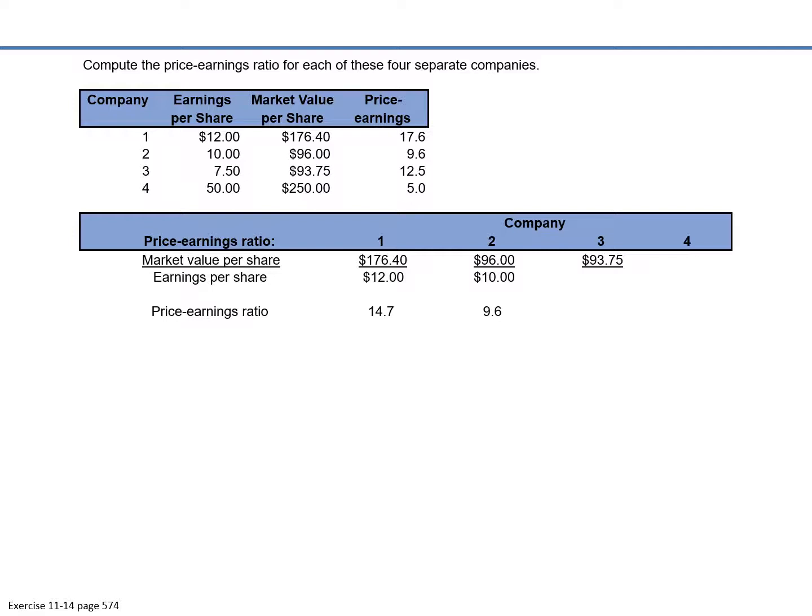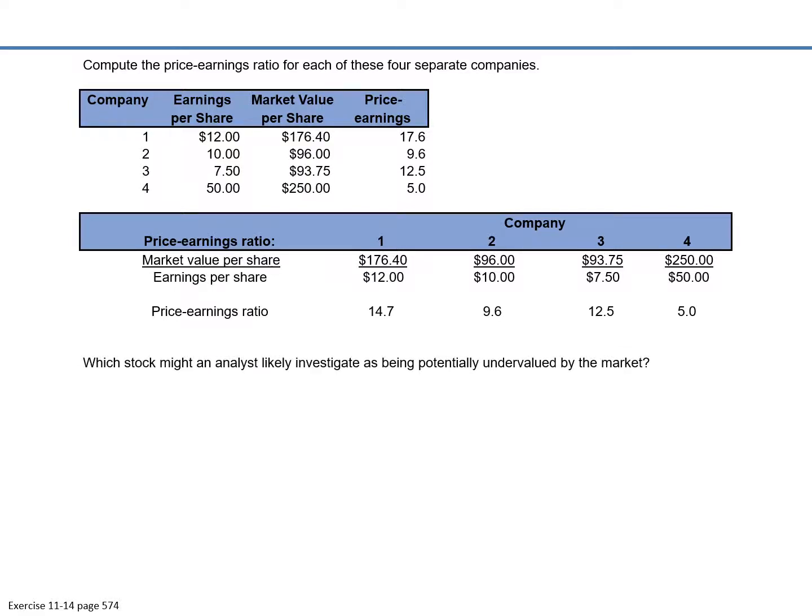Company 3, 93.75 divided by 7.5, we have a PE ratio of 12.5. Market value per share is $250 for company number 4, divided by 50, it's 5. Then they'd like to know what stock an analyst might likely investigate as being potentially undervalued by the market.